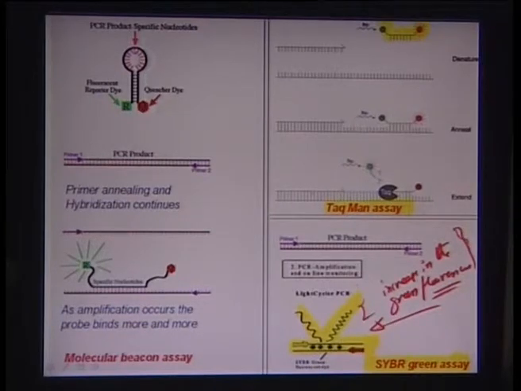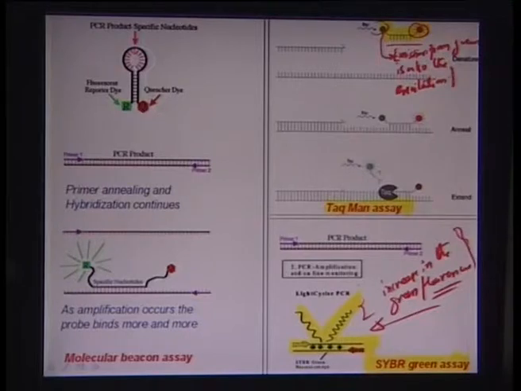Alright. The way it works is the following. Now when you have this kind of a situation that you have a primer with one end which is having, let's say, a red fluorophore and another which is having a green fluorophore, and these two fluorophores are designed in a way that the emission from one, let's say in this case the emission from the green one, is also the excitation for the other.